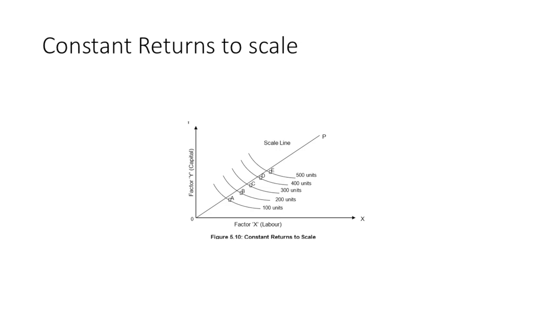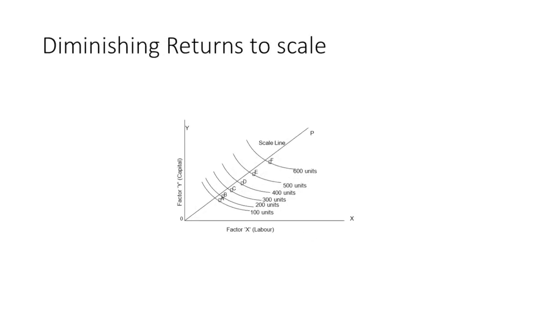We are increasing the factor inputs on the same scale. Suppose it is a 10% increase, then at each next level we increase the factor inputs by 10%. The output also remains in proportion: 100 units, 200 units, 300 units, 400 units and 500. So this is the example of constant returns to scale.